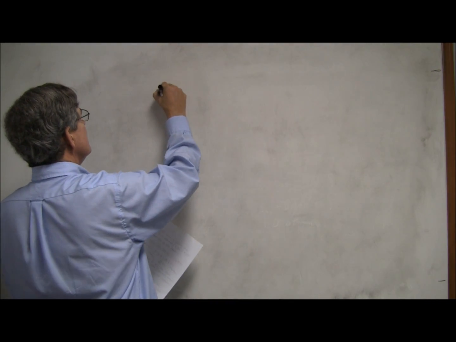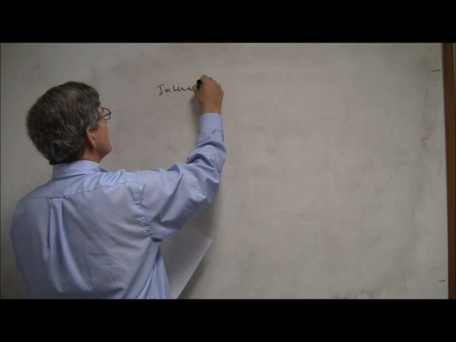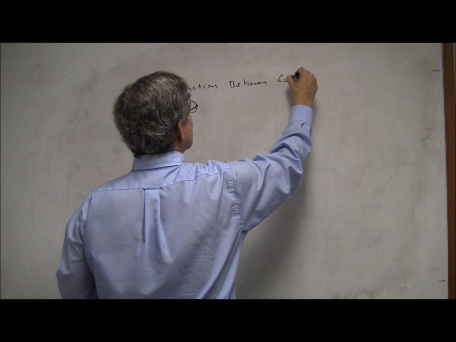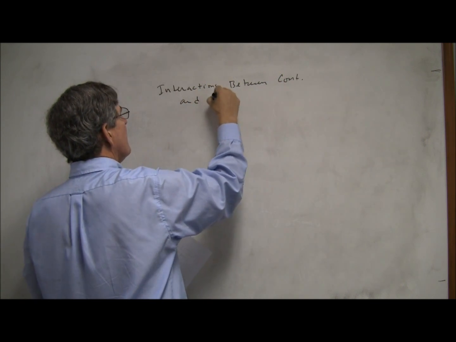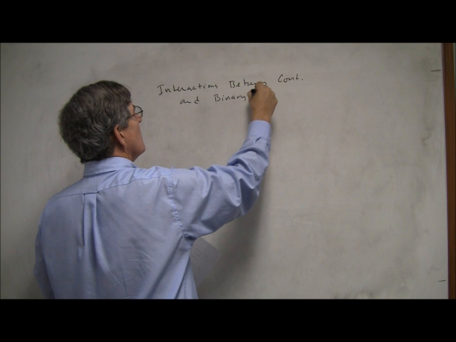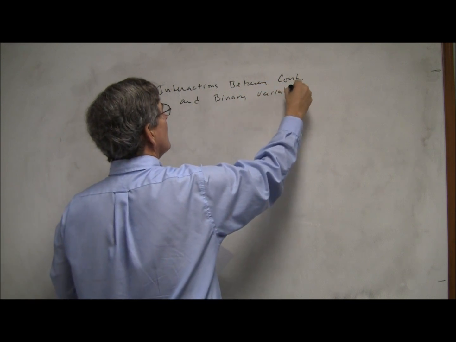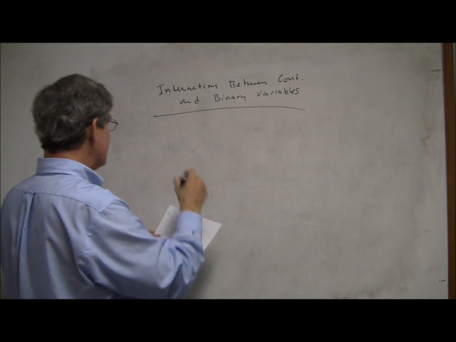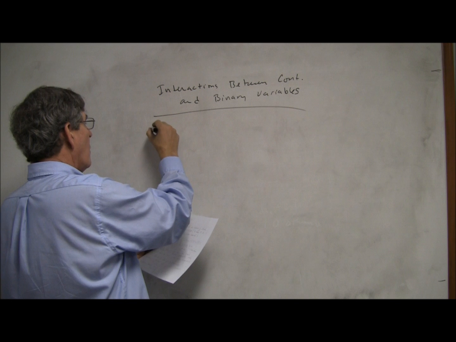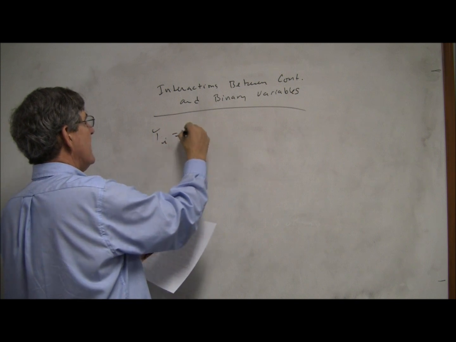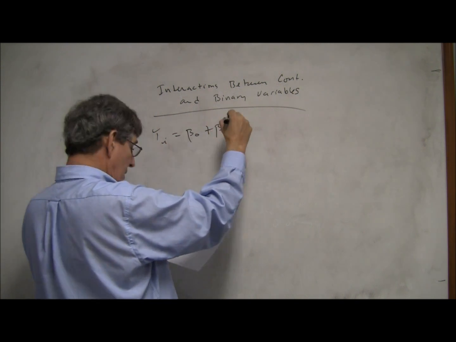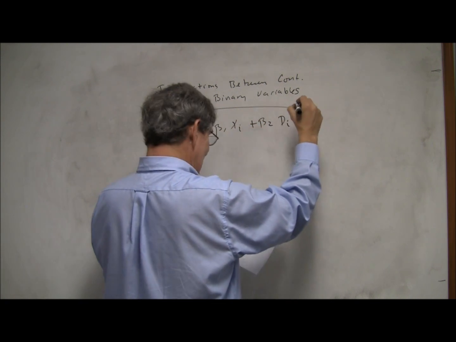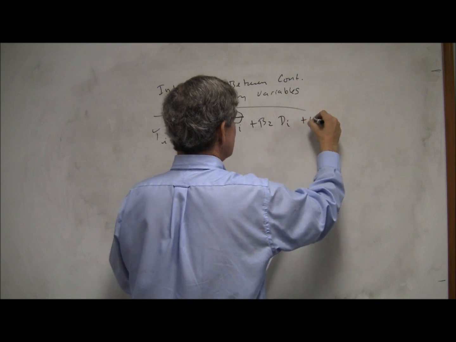Okay, let's do next interactions between continuous and binary variables. So one variable will be continuous, one will be not continuous. It'll be a binary variable. So let's start with no interactions. yi is beta 0 plus beta 1 xi plus beta 2 di plus ui.